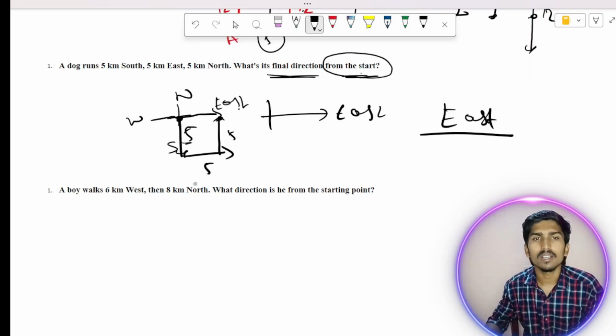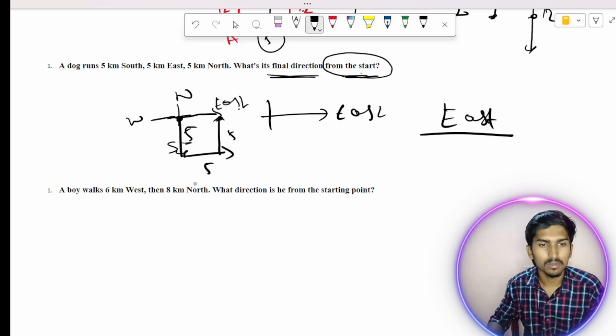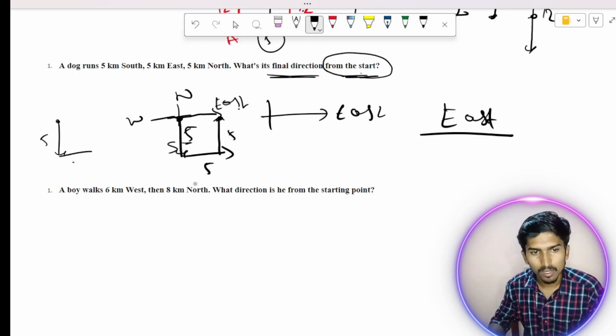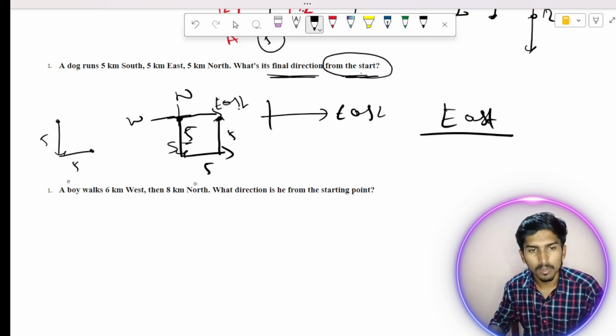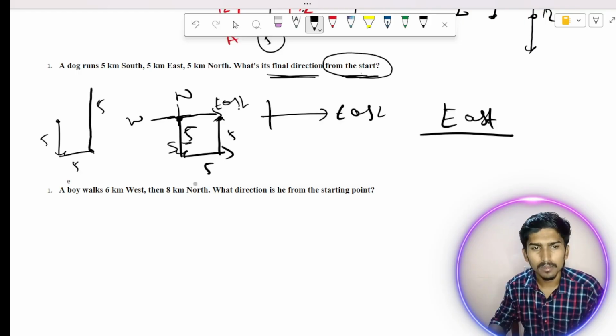Another thing we normally do, friends, is we draw 5 kilometers. Then they ask again 5 to the above, north, and we draw like this much, 5 kilometers. If you draw 5 kilometers as a very small line, then why are you writing 5 kilometers very big? So it's a very wrong method. You should use some common sense at this point.